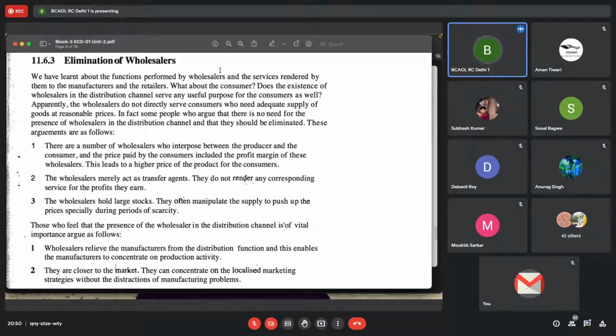The wholesaler in turn will sell it at 14 rupees, and the retailer will sell it at 20 rupees. That is why we have MRPs, the maximum retail price that needs to be put on these products.